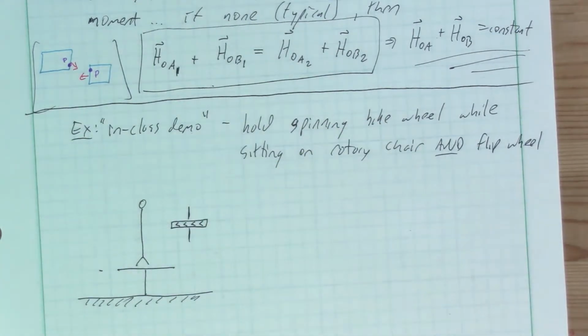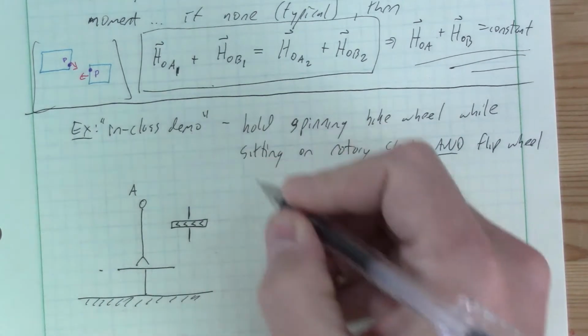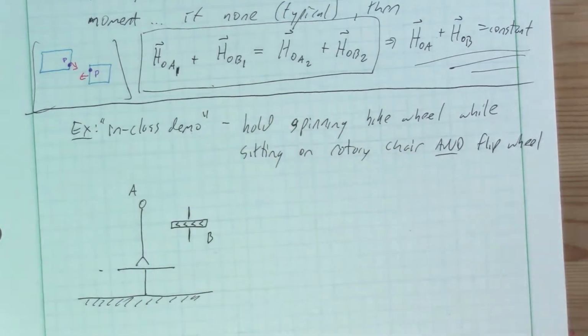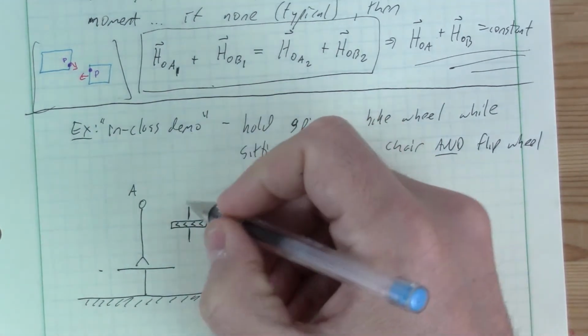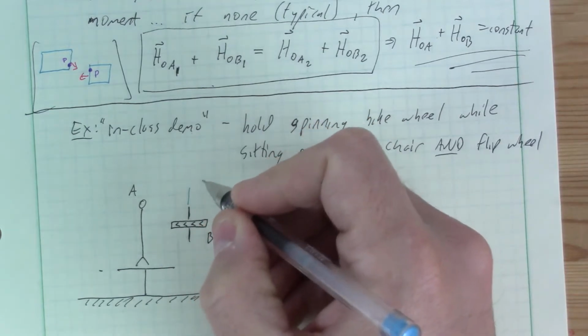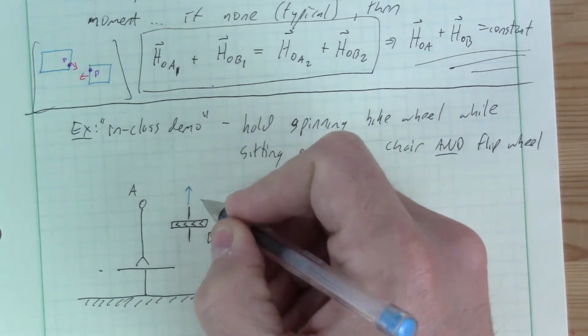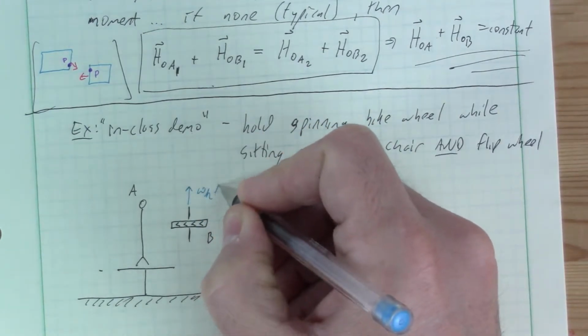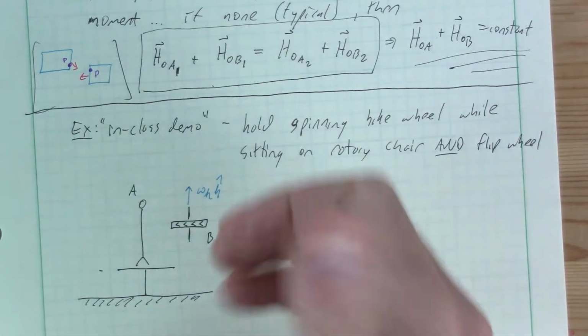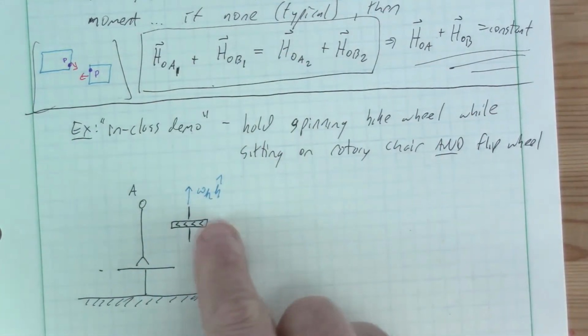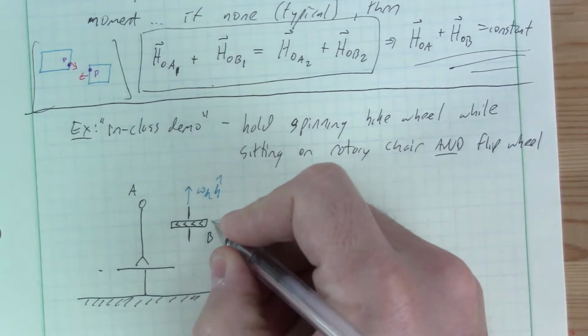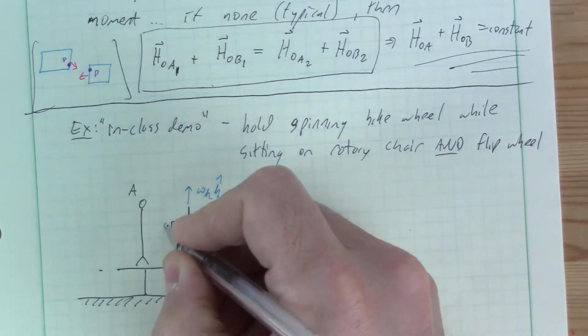Let's call the person A, and the bike wheel B. The wheel rotates about this axis, so with your thumb, it'd be going into the page there and out of the page there.